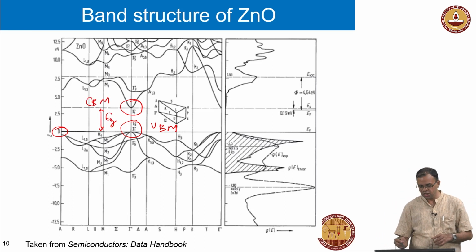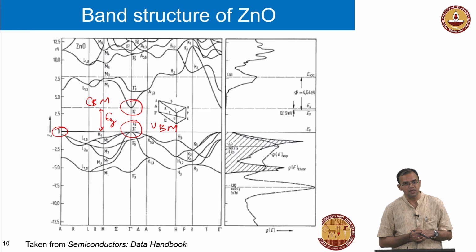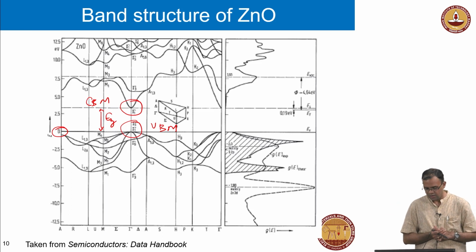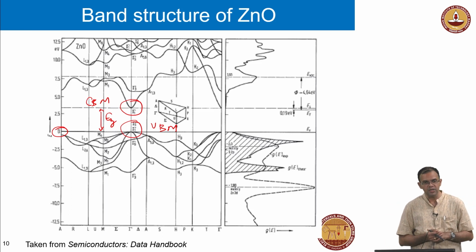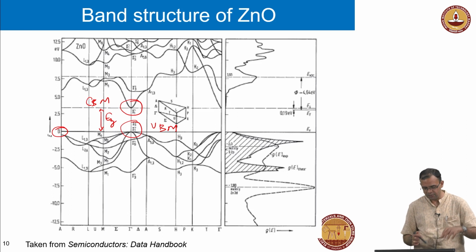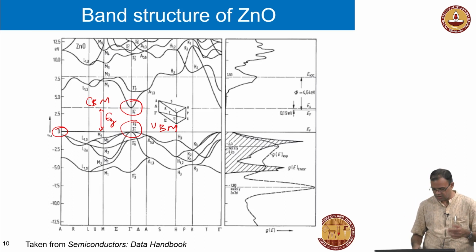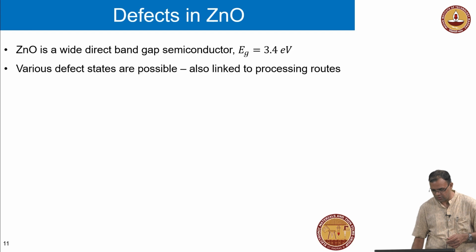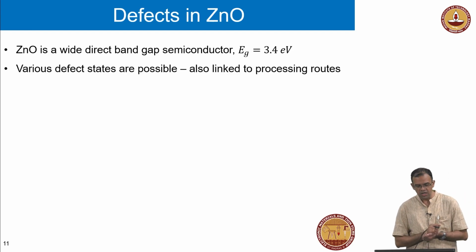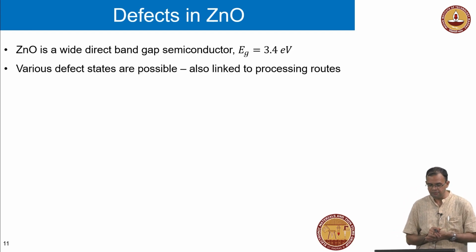The same information is available in the density of states figure, but the take-home message is that I have a band gap, and the band gap of zinc oxide is somewhere around 3.4 eV. So zinc oxide is a wide band gap semiconductor. It's also a direct band gap semiconductor.